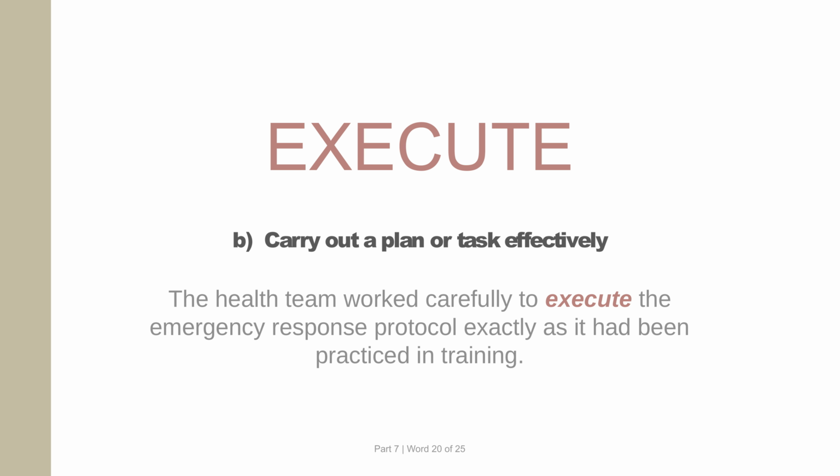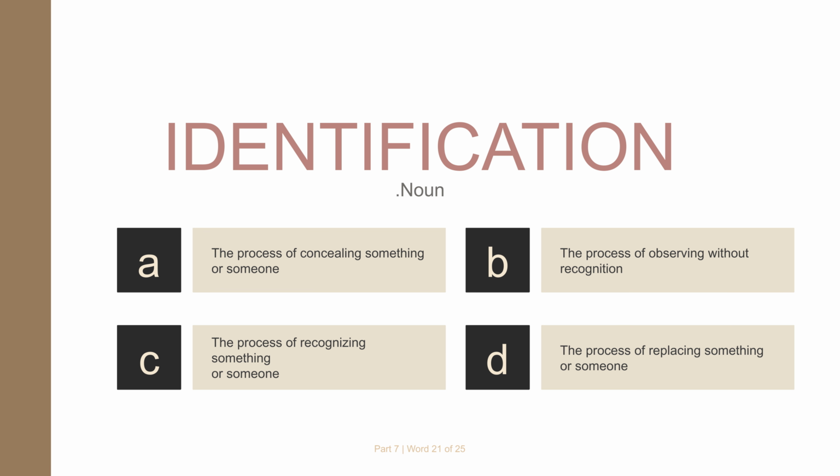Example: the health team worked carefully to execute the emergency response protocol exactly as it had been practiced in training. Question 21. What is the meaning of identification? Option A: the process of concealing something or someone. Option B: the process of observing without recognition.